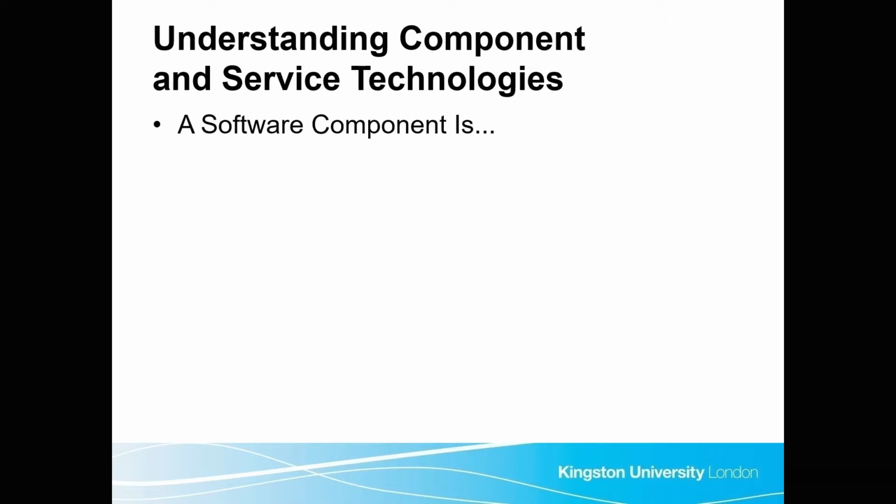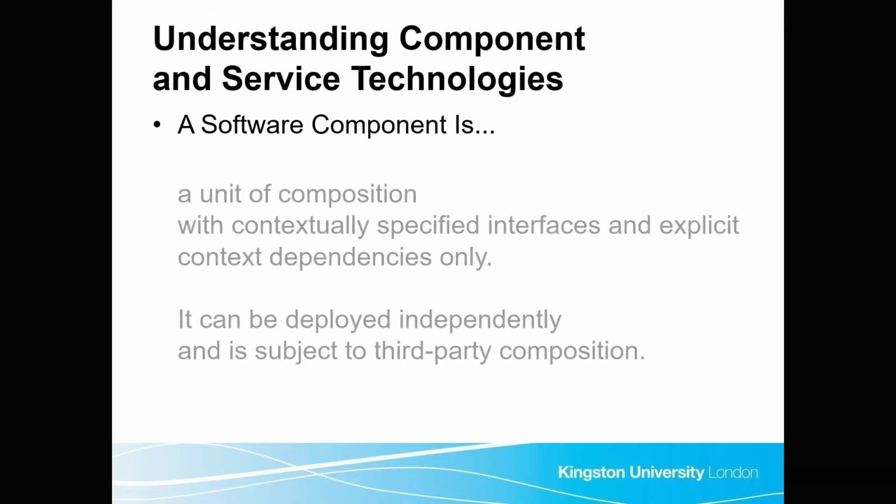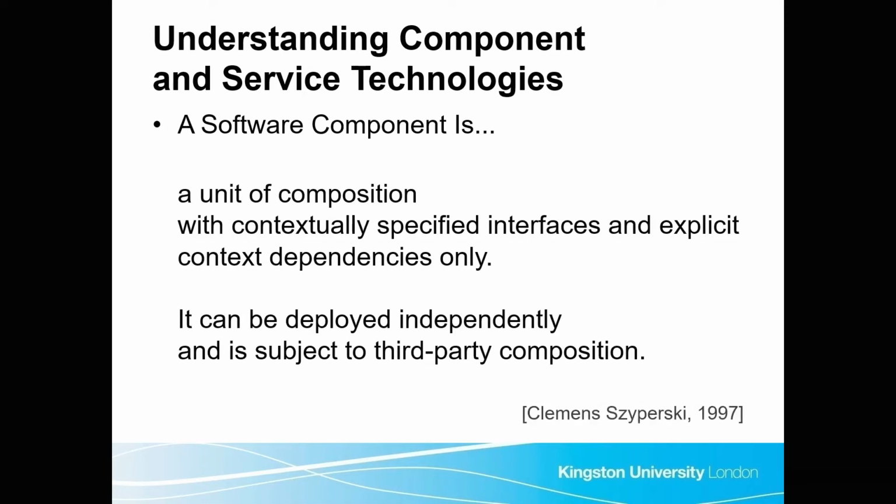Here is one of the formal definitions of software component provided by Clemens Szyperski in the last years of the previous century. So the component is a unit of composition with contractually specified interfaces and explicit context dependencies only. It can be deployed independently and is subject to third-party composition.